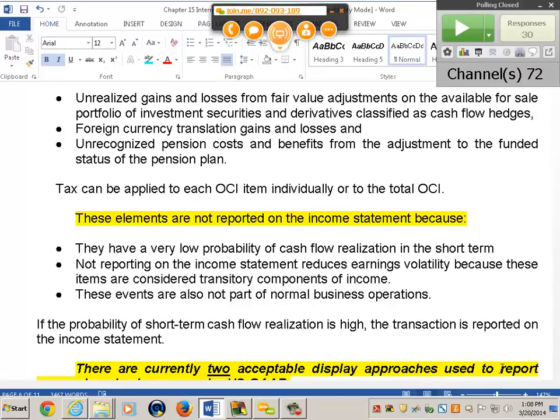Every day there are changes in assumptions, life expectancies, turnover rates, costs of providing pensions. On top of that, we also include health care. Anytime there's a change in the cost of health care, all of those future benefits have to be considered. So the gains and losses will fluctuate significantly, but they will not be realized now. I have to wait until you retire. So most of those gains and losses aren't going to happen in the short run.